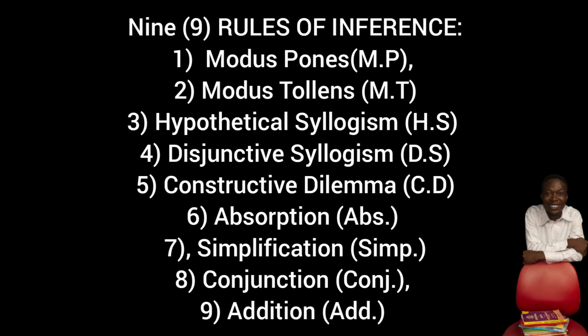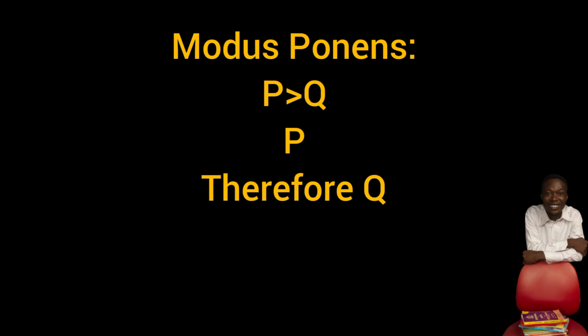Okay, so now we are going to be using variables as usual as we do in logic. The first rule of inference that we'll be looking at is called Modus Ponens. This is the rule that says that if P implies Q, and P is true, therefore Q is true.